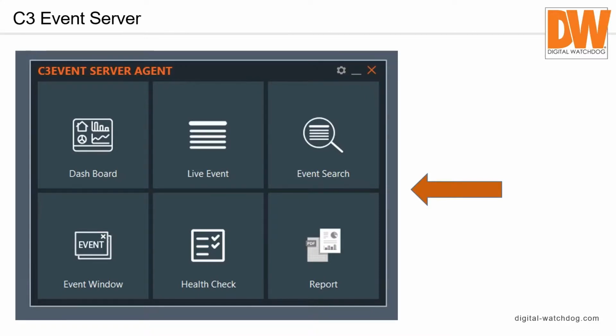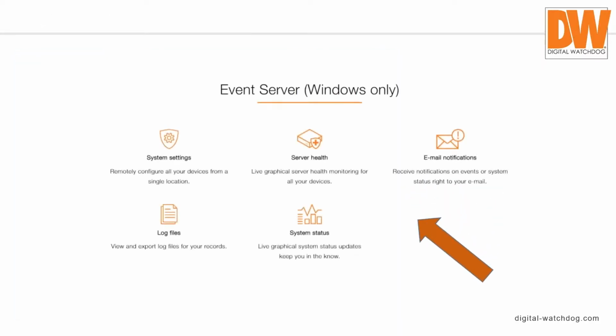This can run on 4 gigs of RAM because it's really just an advanced displaying of the database collected from all the different DVRs or NVRs you guys may install. So what it will do is allow you to remotely configure your systems using a web browser, live and graphical server health monitoring. You can receive email notifications or pop-up notifications, view log files, just do all kinds of things.